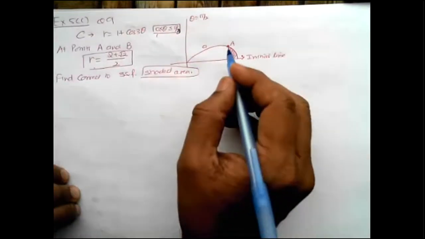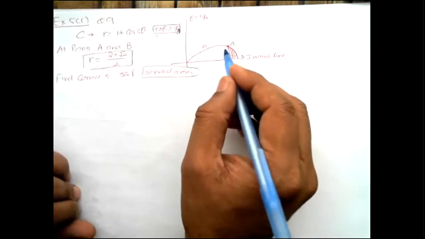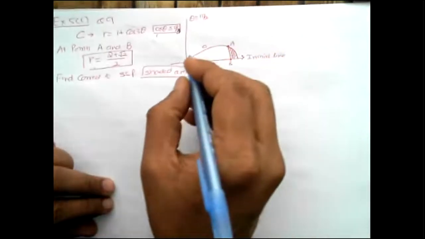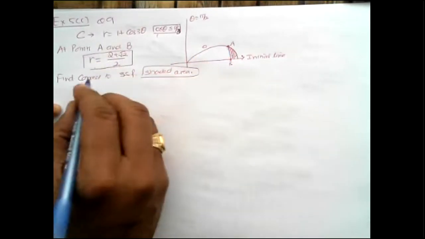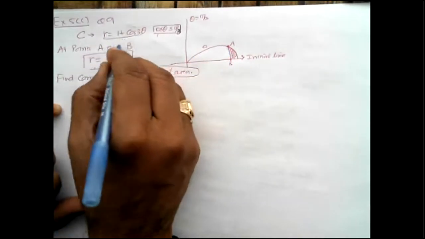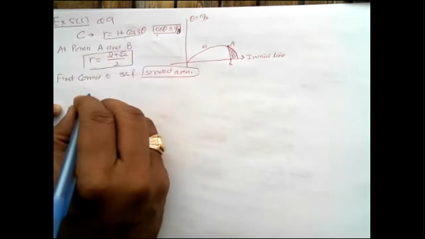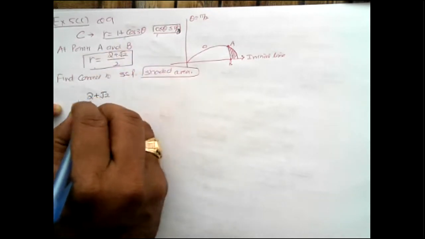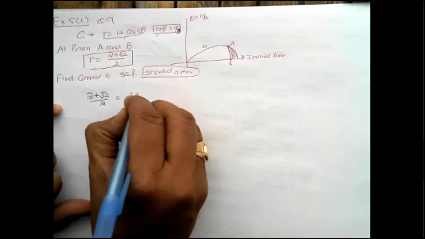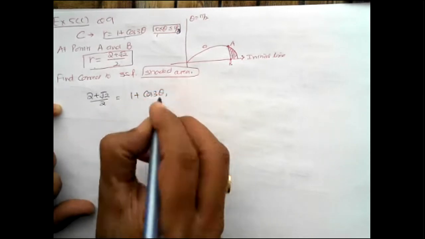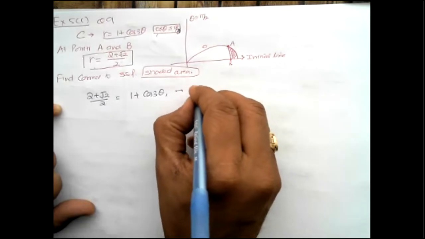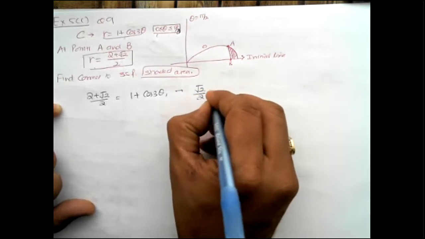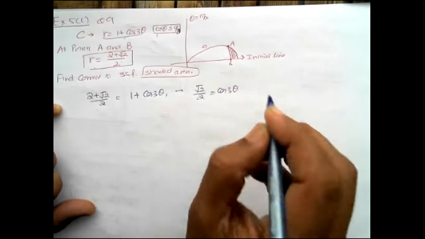Right, so let's try and work out the polar coordinates of A. At A, R equals 2 plus root 2 over 2. Because A is on the curve, this is the equation, which means we're going to be solving these two simultaneously. So 2 plus root 2 over 2 is equal to 1 plus cos 3 theta. Simplifying, that gives root 2 over 2 is equal to cos 3 theta.